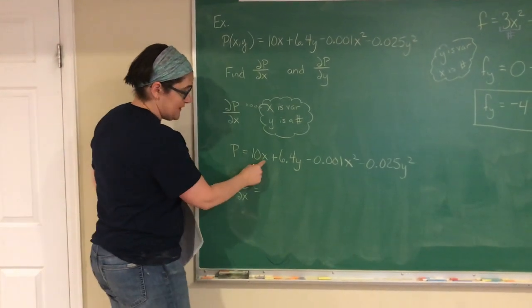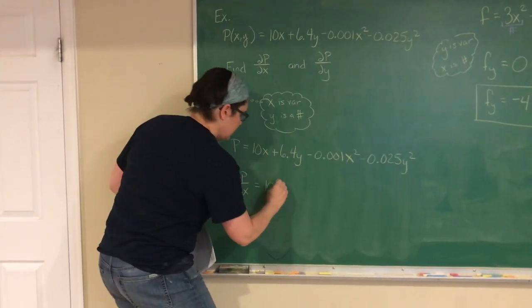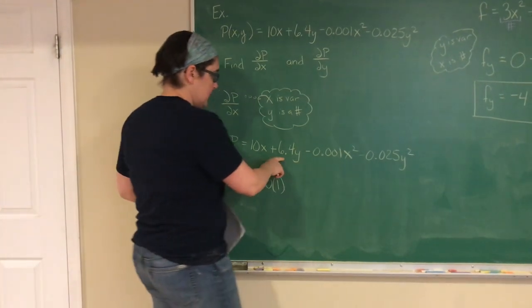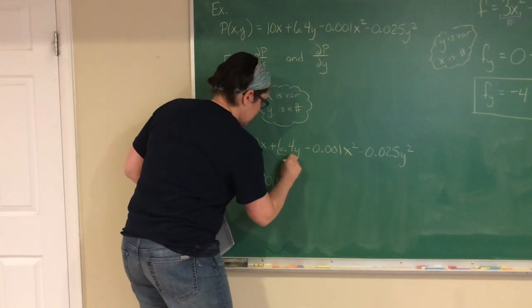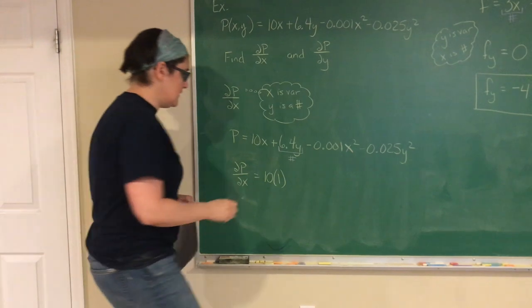So in this first term, I see an x, so I'm going to carry along the number, the 10, take the derivative of the x, which is 1. My next term, 6.4y, there are no x's whatsoever, so this entire term is a number, so its derivative is 0.